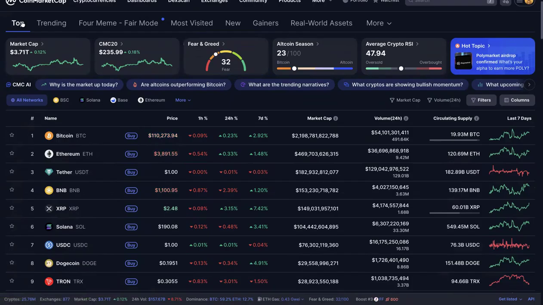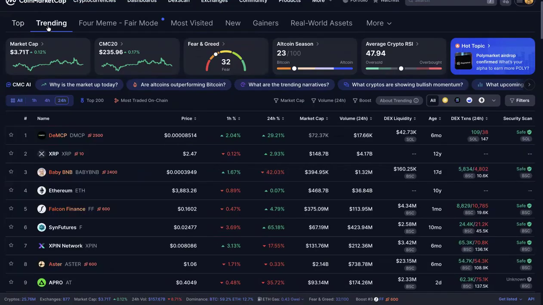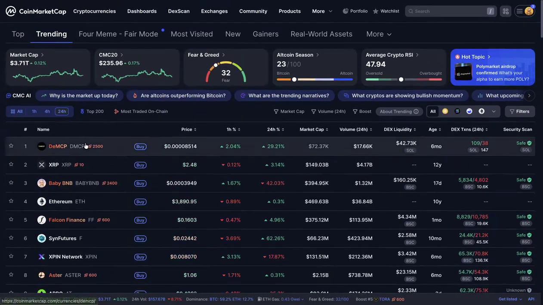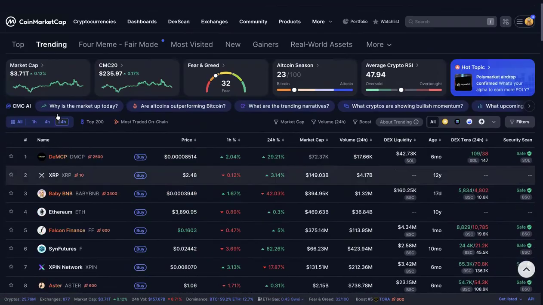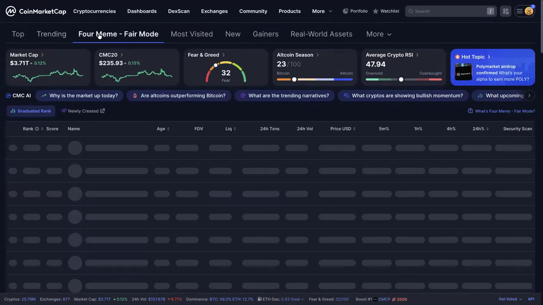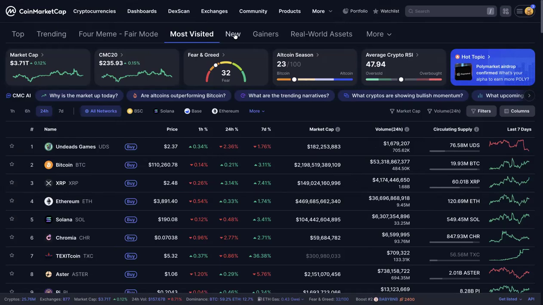Number one, there is top. Then there is trending. You can see these different buttons on the dashboard. Trending just shows you the most trending coins. These are for meme coins. This is most visited. These are the most searched for coins.